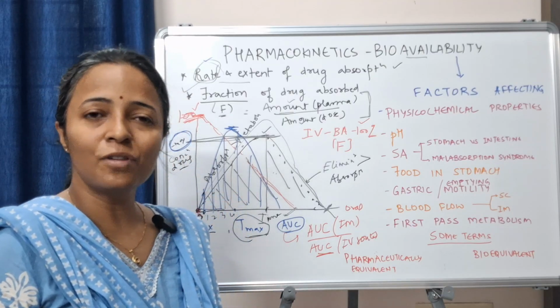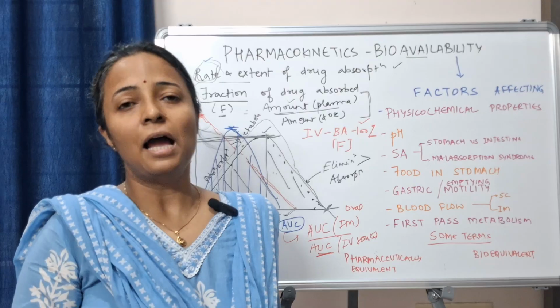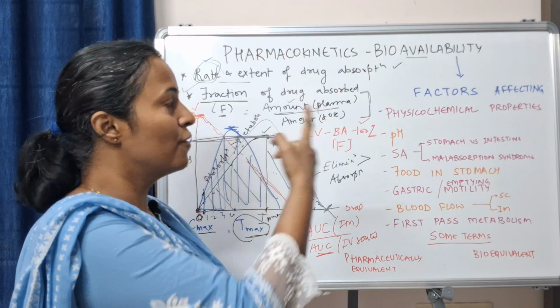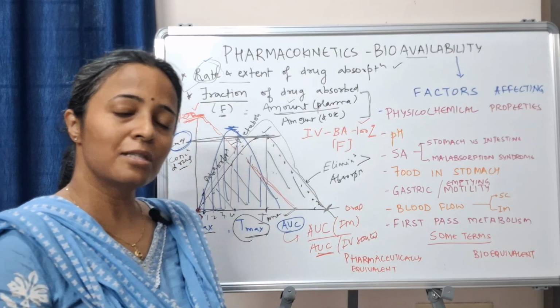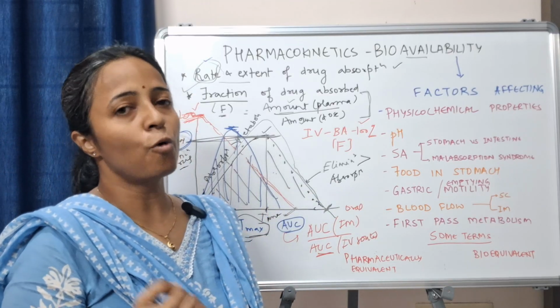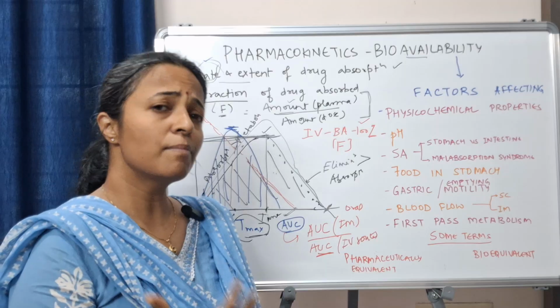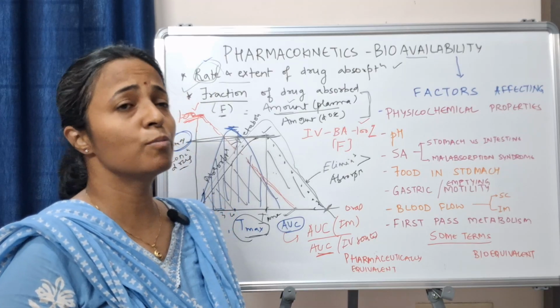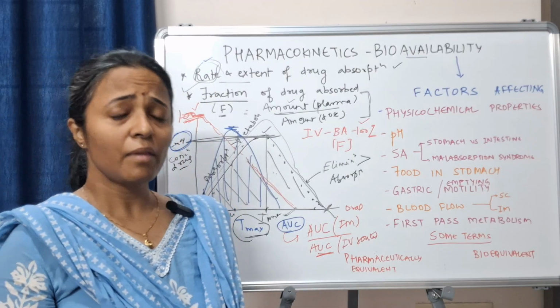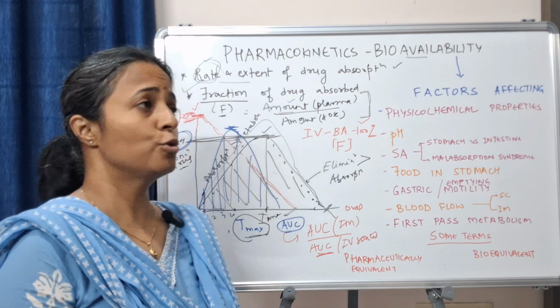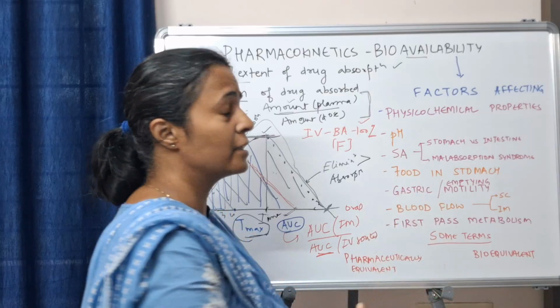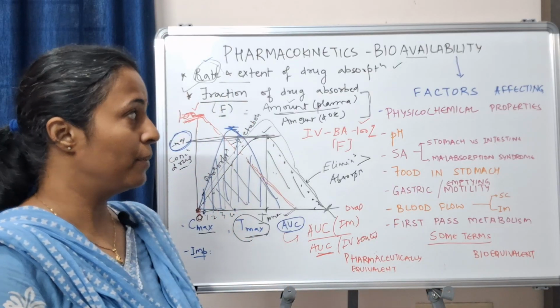If the absorption of the drug is faster and more, that means the bioavailability of the drug will be more, right? So I am not going to discuss everything in detail. You better watch that video as well, because there are many MCQs which are asked in this. Plus in pharmacokinetics, drug absorption is a long question as well. So you should be able to write these factors affecting the bioavailability as well.